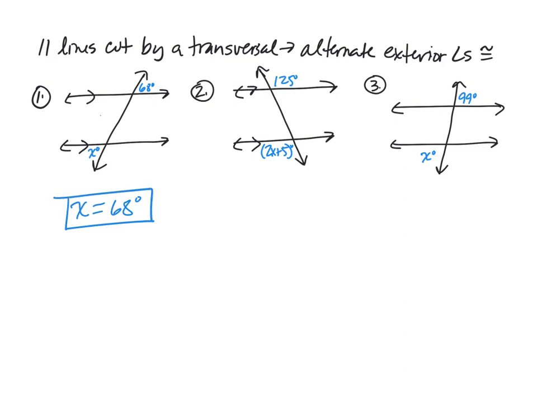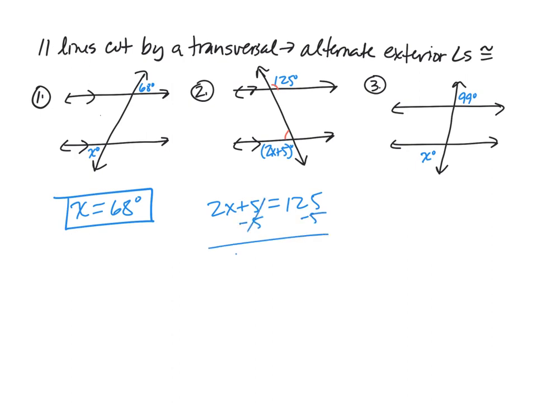All right, and then in the next example, we have some parallel lines being cut by a transversal. We have a pair of alternate exterior angles, so we know that those angles are congruent, okay? So that means I can set 2x plus 5 degrees equal to 125 degrees, and then we'll solve that for x.